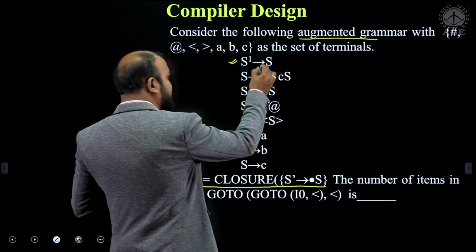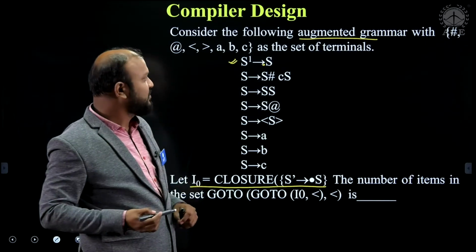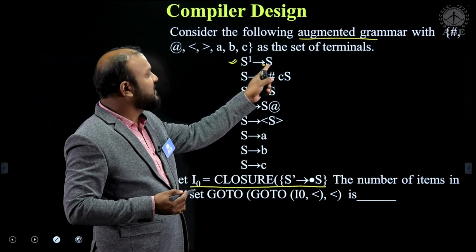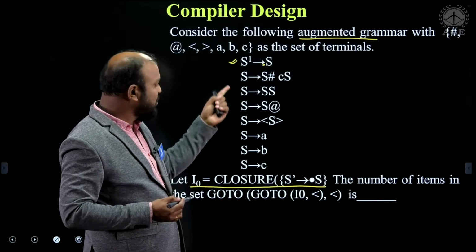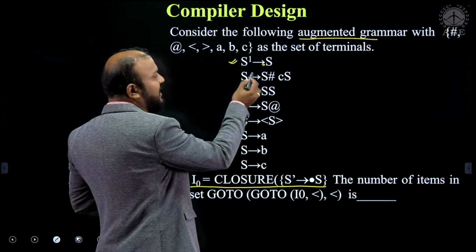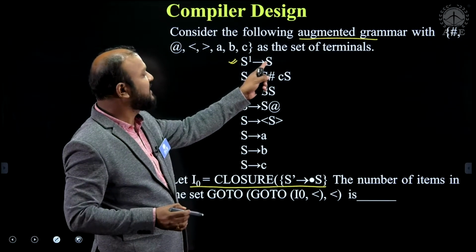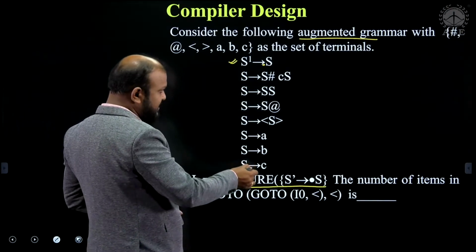S' tends to dot S, it means we need to derive some terminals starting with S productions. When you have to find the closure, we need to add those set of productions that are with S. With S, we do have these productions.